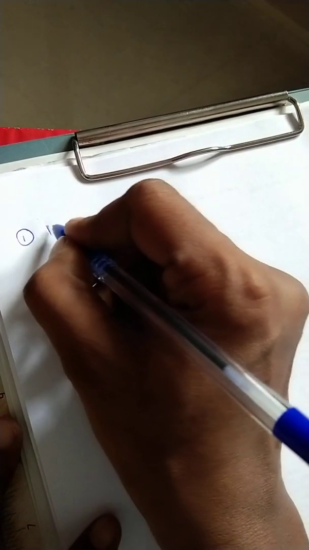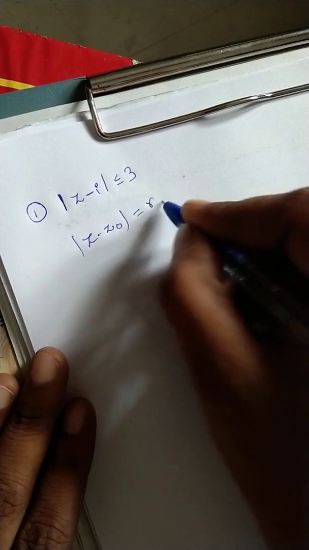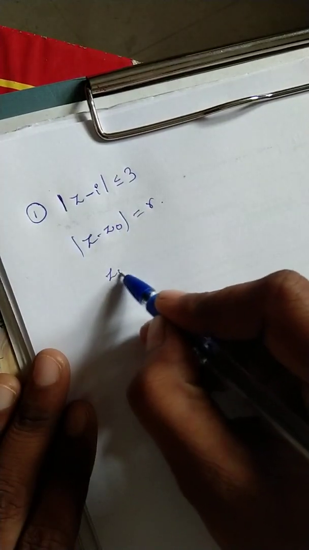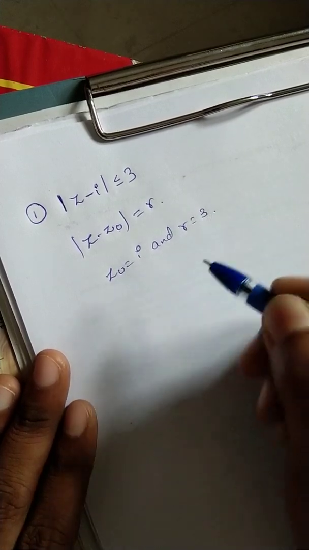First question, locus of a point satisfying mod of Z minus I less than or equals to 3. Now you can see that our equation is in the form of mod Z minus Z naught equals R. So here Z naught is equal to I and radius is equal to 3.